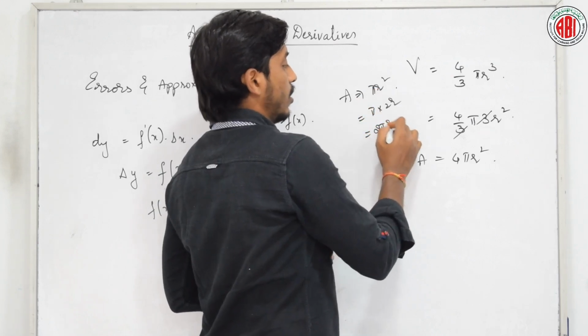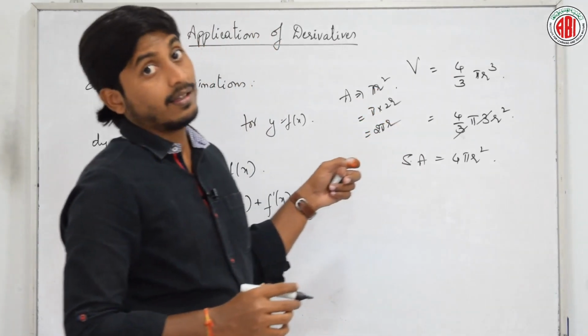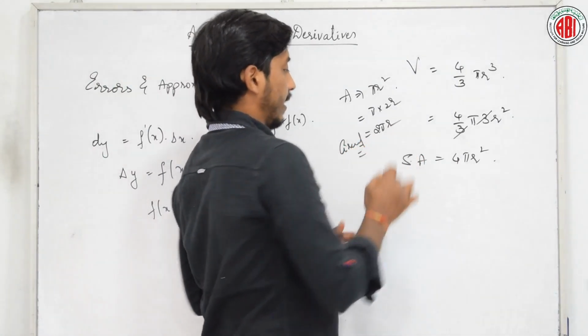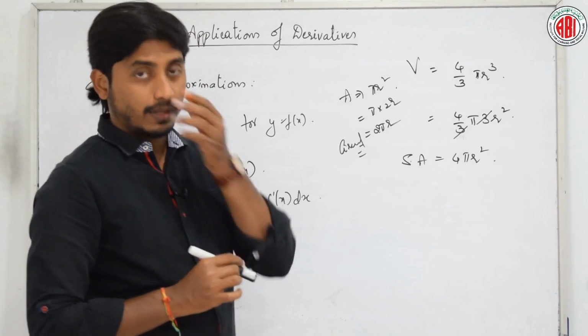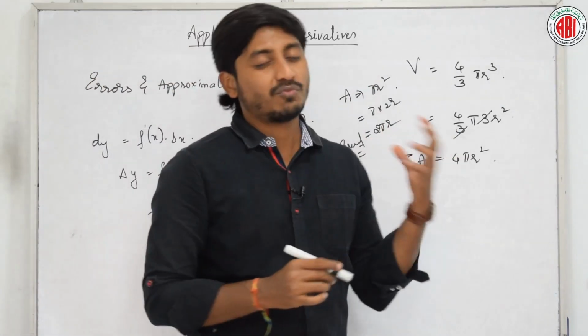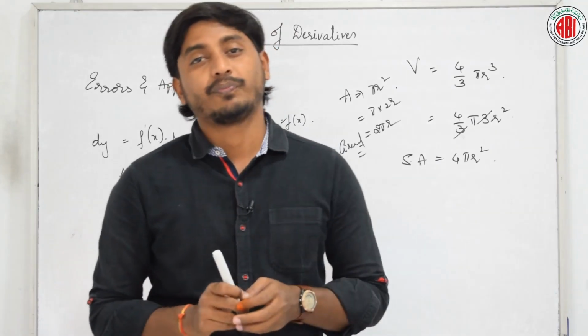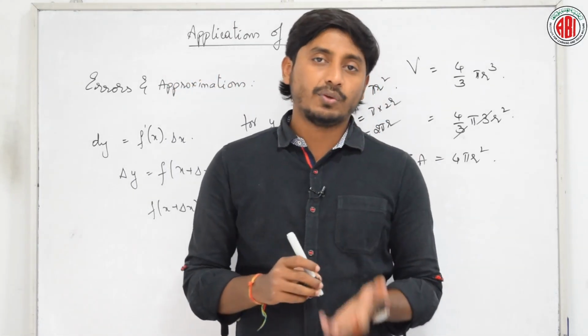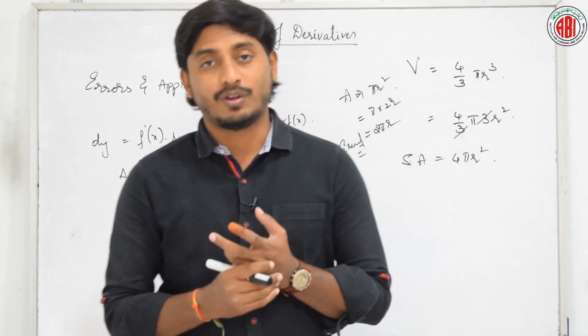Therefore, this is 2 pi r. What is this? The circumference of a circle. Yes or no? Is it not easy to solve? These are the main direct applications which you can easily identify. Clear? And not only this, there are a few things such as tangents and normals.